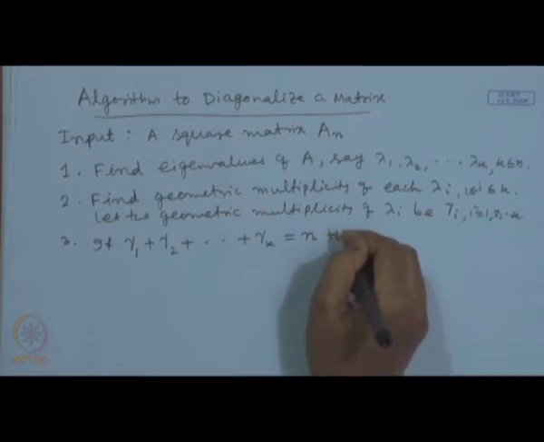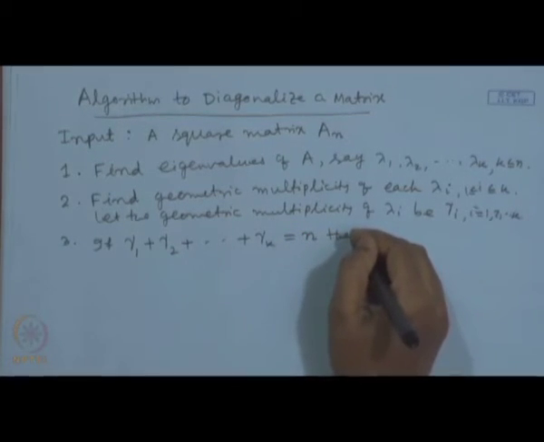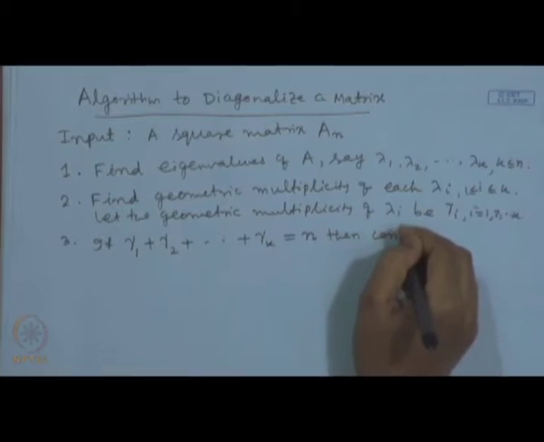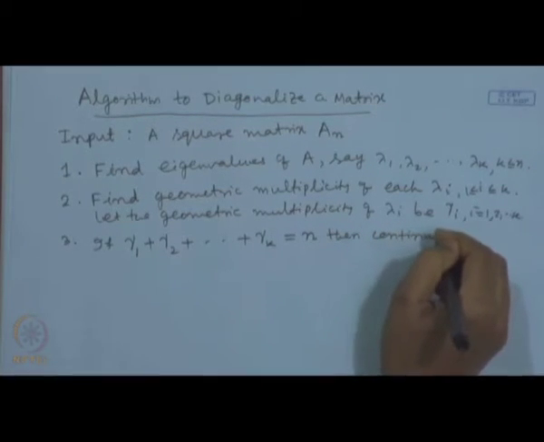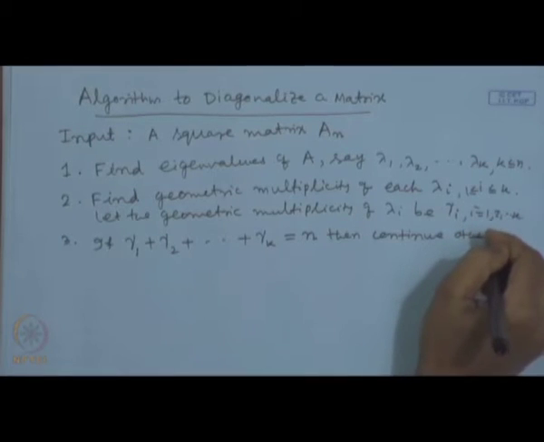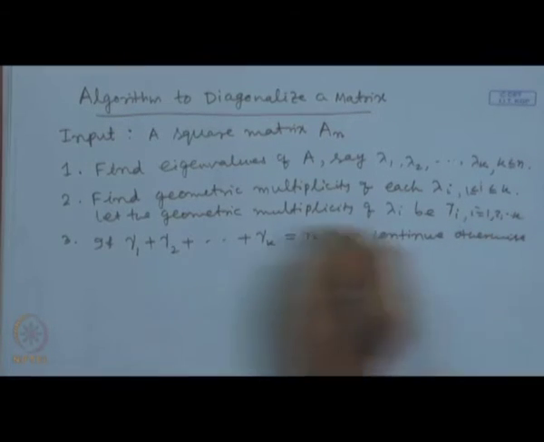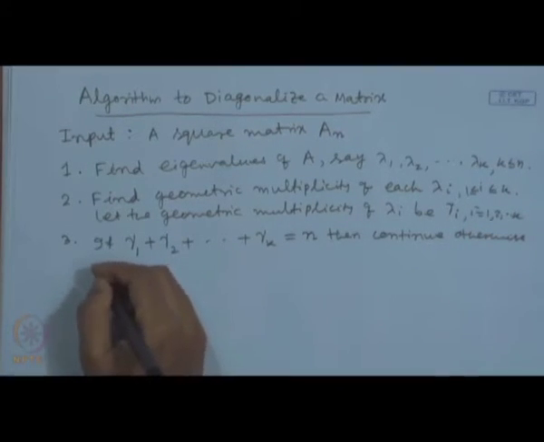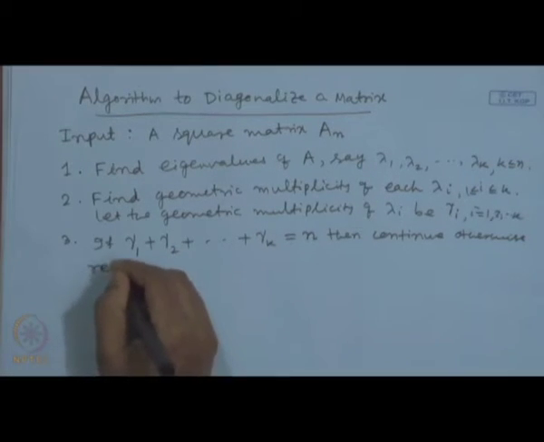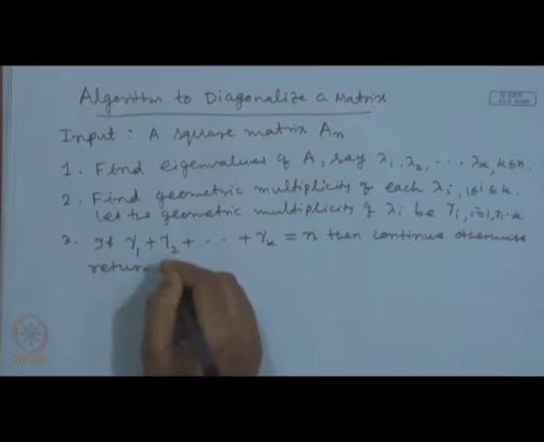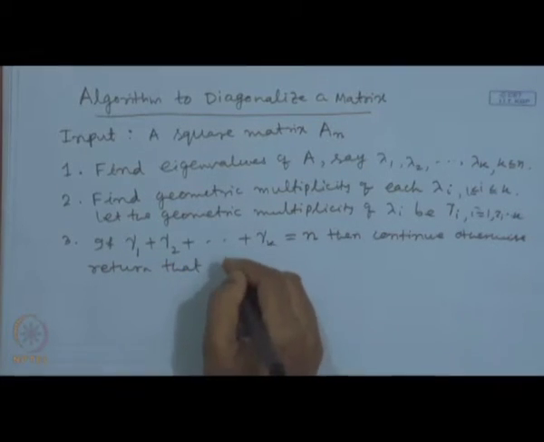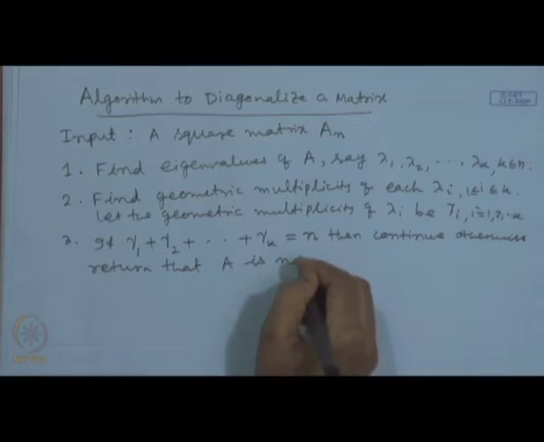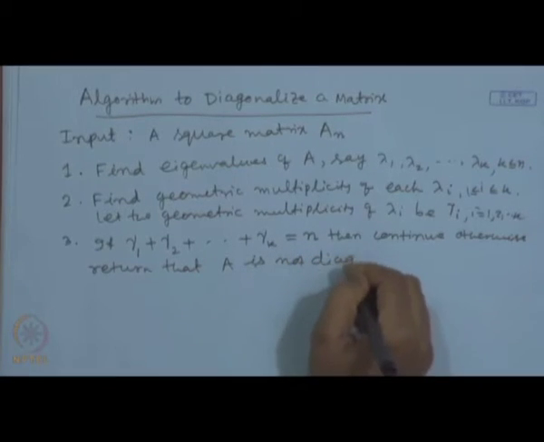If so, we continue; otherwise, we return that A is not diagonalizable.